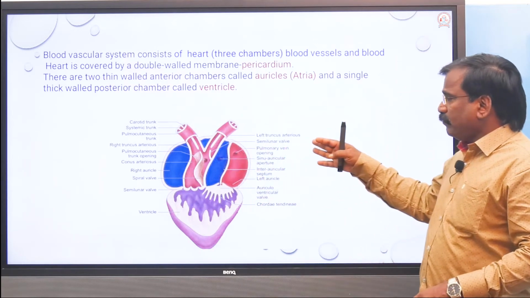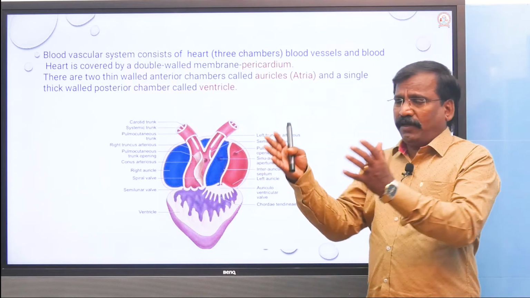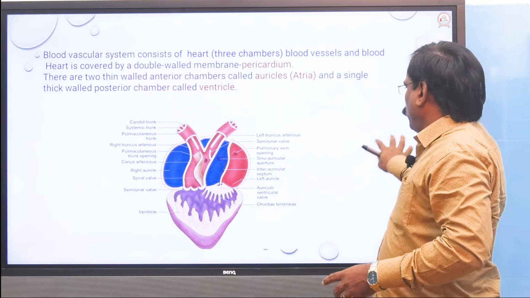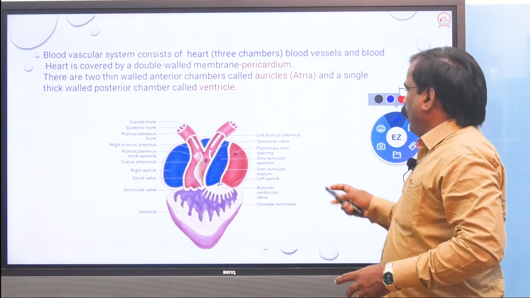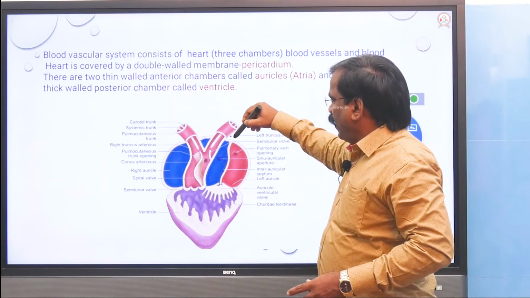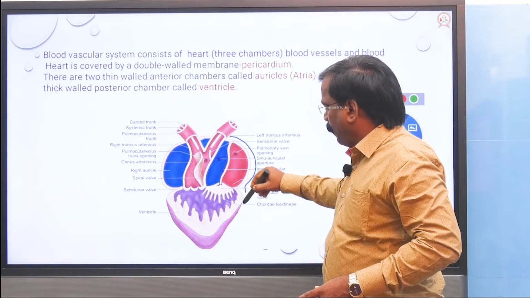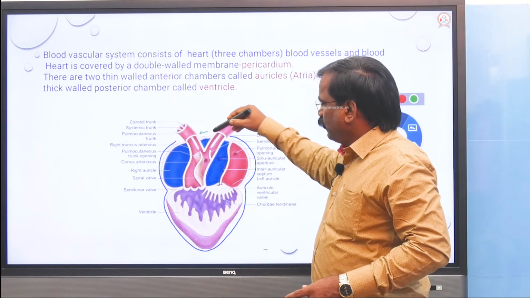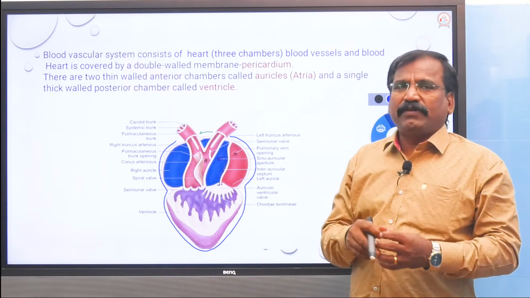If you take the heart, it is surrounded by, and so protected by, a membrane called the pericardium, the pericardial membrane. It is a tough membrane which protects the heart.